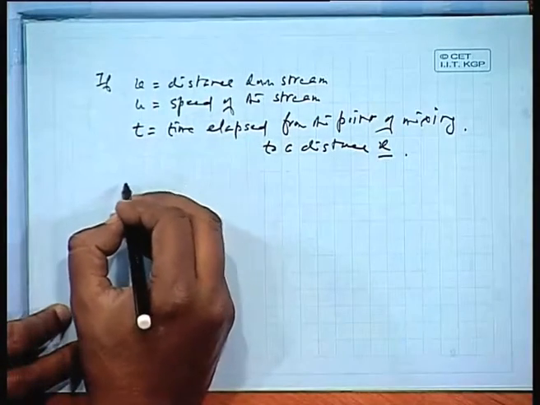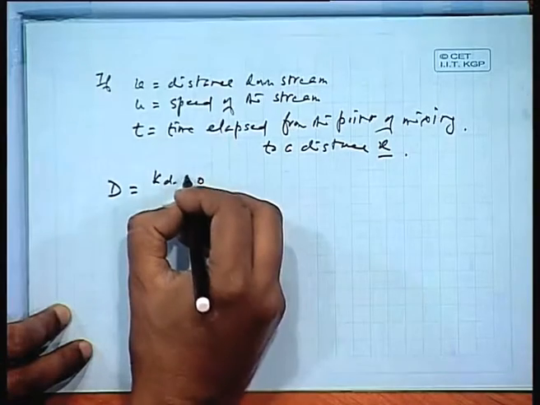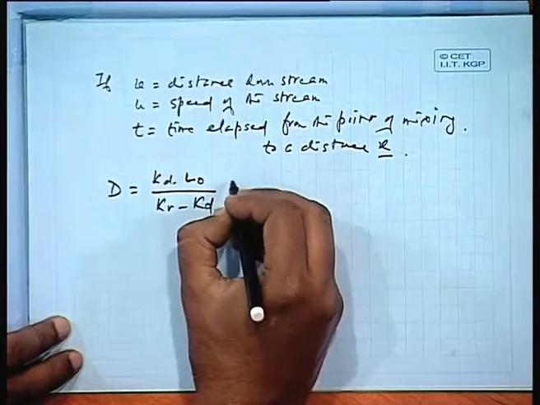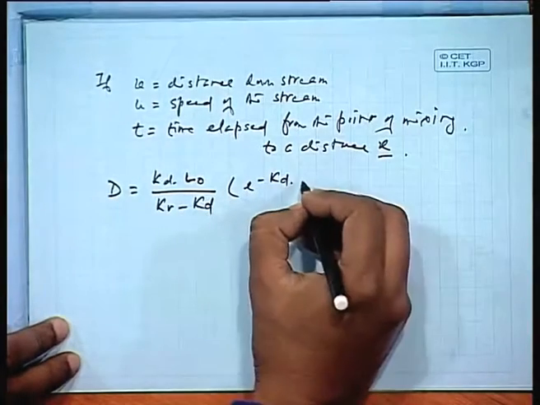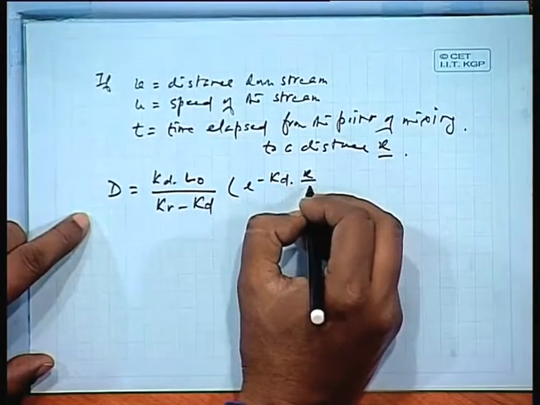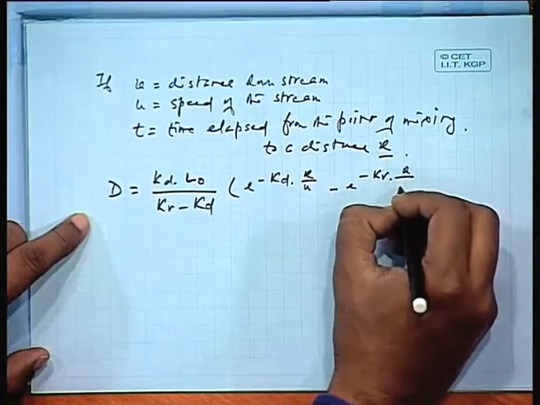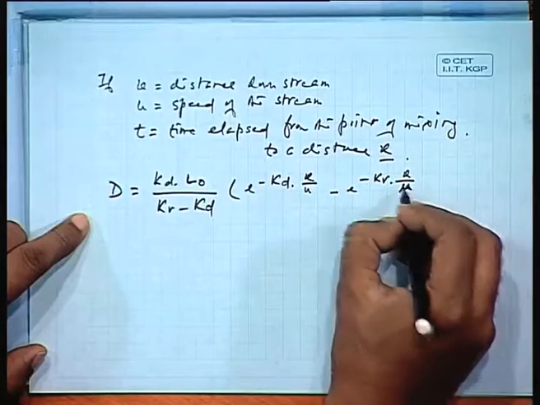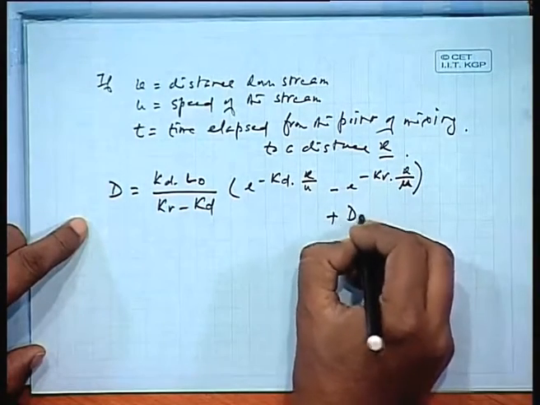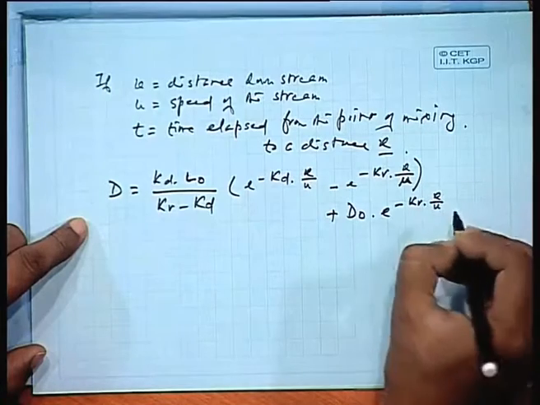Kr into Kd, this one does not change much, but here it changes a little bit. dt is essentially x by u, so x by u minus e to the power minus Kr x by u, only u, don't write mu, and plus D0 e to the power minus Kr into x by u.